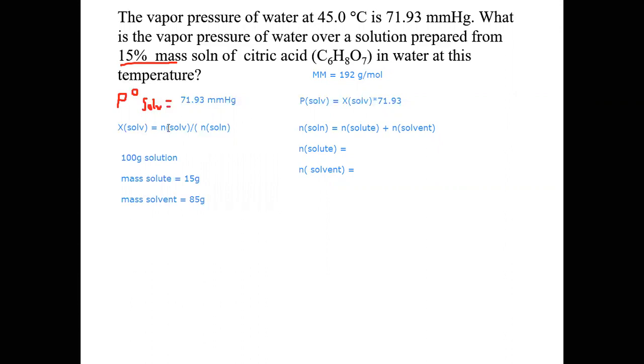And the way we know this is because we assume the 100 gram solution. So now we can convert mass percent into mass. And now that we have the mass of the solute and the solvent, we can find the moles of each. So 15 divided by 192 and 85 divided by 18.